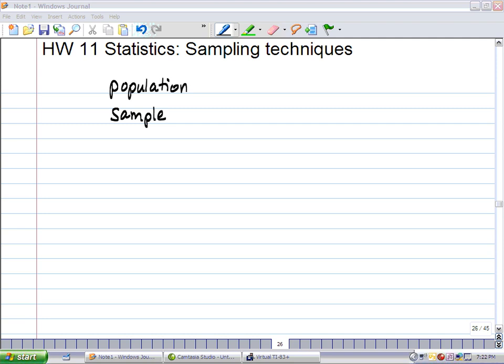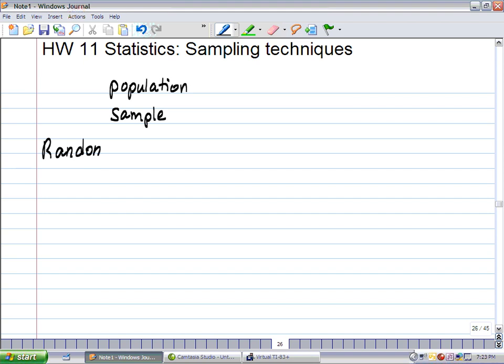Okay, we have several techniques for finding our samples, and we're going to start with the most reliable, which is called a random selection technique.